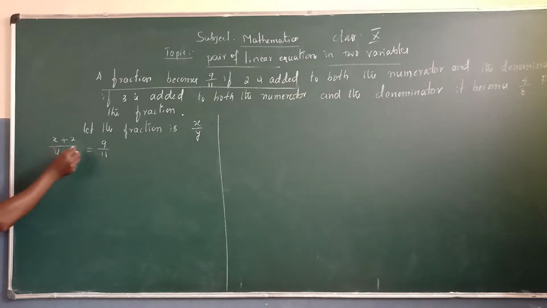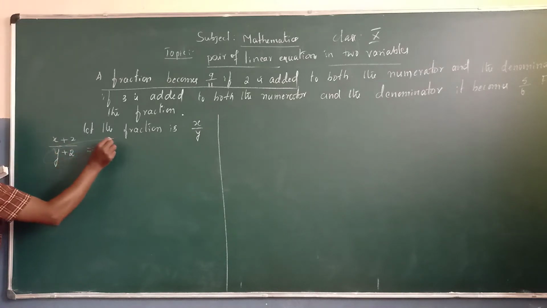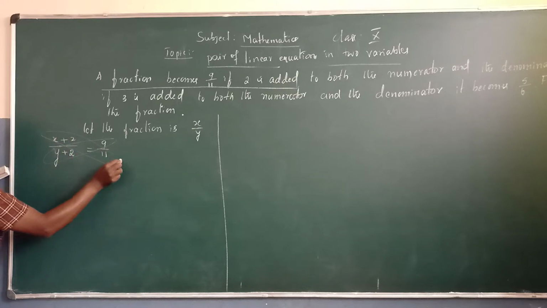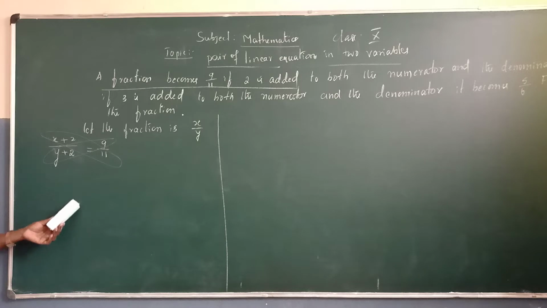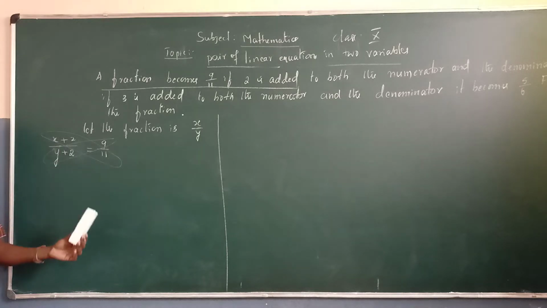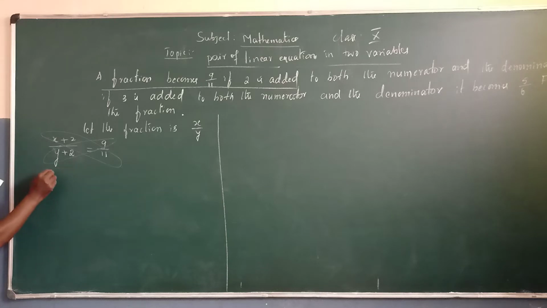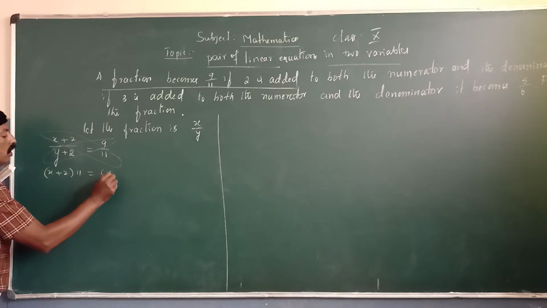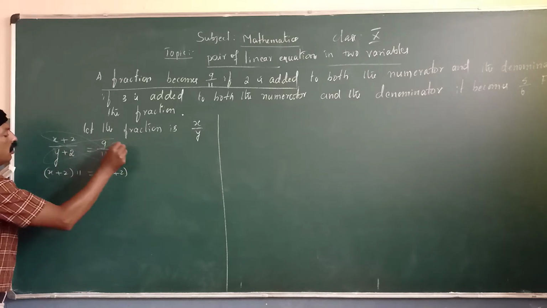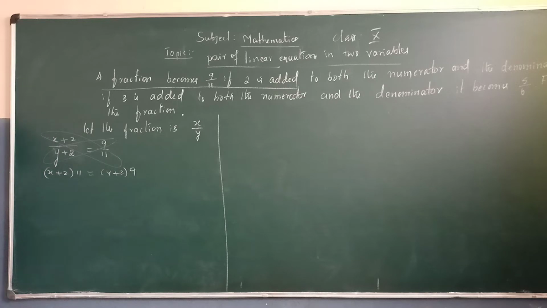Now let us simplify this equation. What we have to do? You can cross multiply because it is a proportion. Two fractions are equal, or two ratios are equal, then that is said to be a proportion. It is nothing but (x plus 2) into 11 is equal to (y plus 2) into 9.